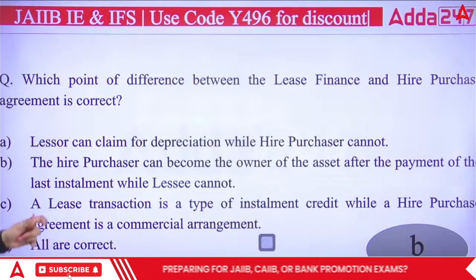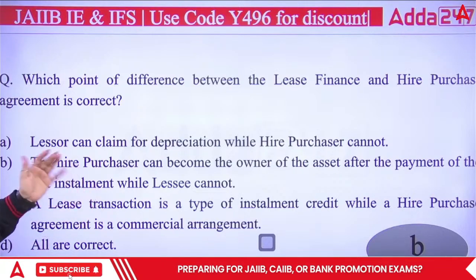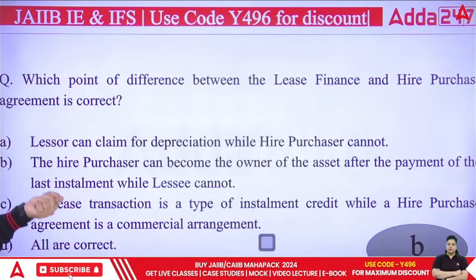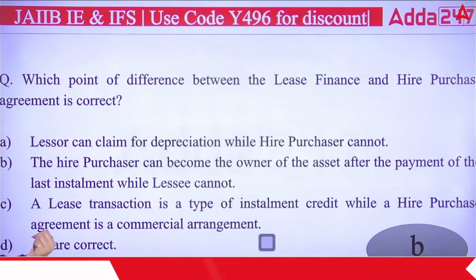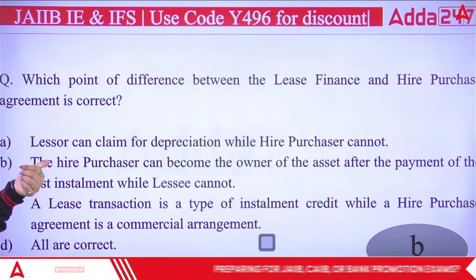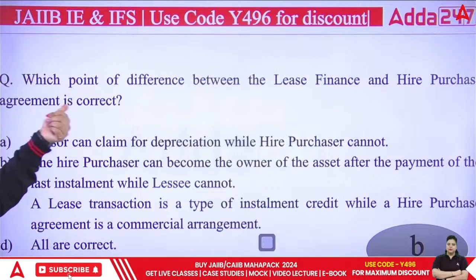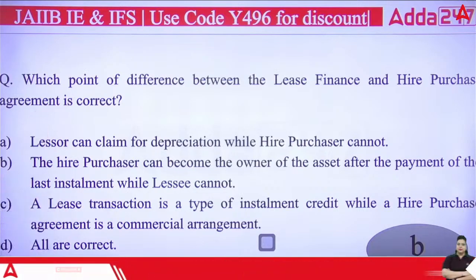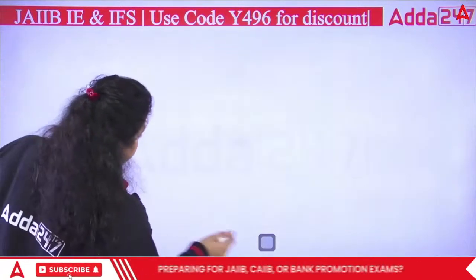This is wrong. The third says a lease transaction is a type of installment credit, but no, actually a lease transaction is an agreement and hire purchase is an installment credit. So only option B defines the correct difference between the two. The right answer will be B.